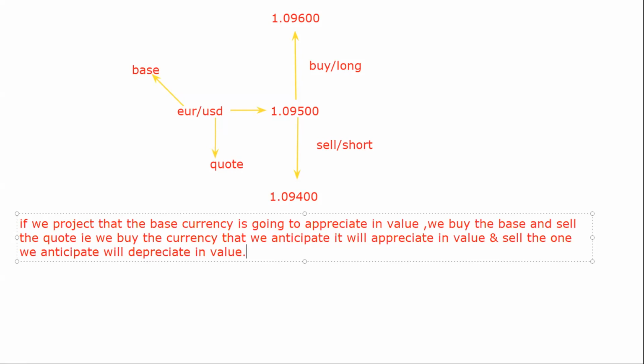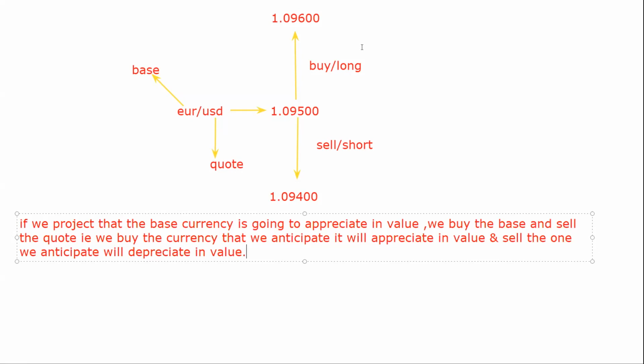So if the current market price is 1.09500 and we anticipate that it's going to appreciate, the act of buying is done at the current market price. If it then goes up in our anticipated direction, we realize a profit because the market moved in the predicted direction.